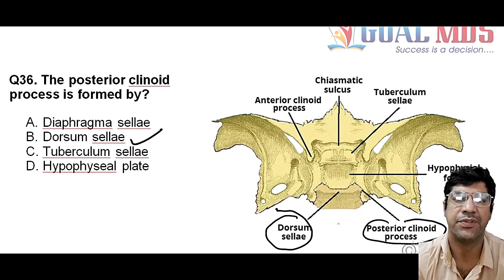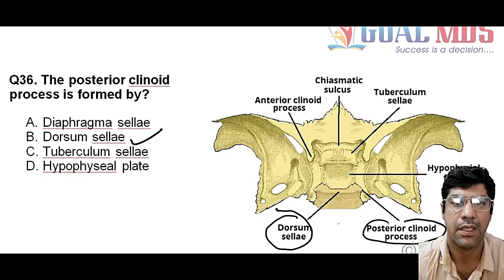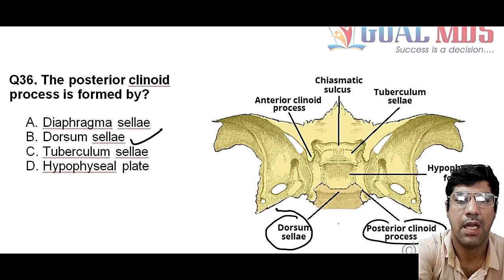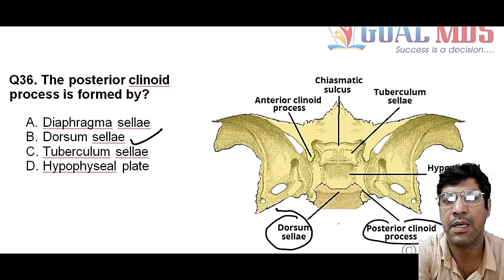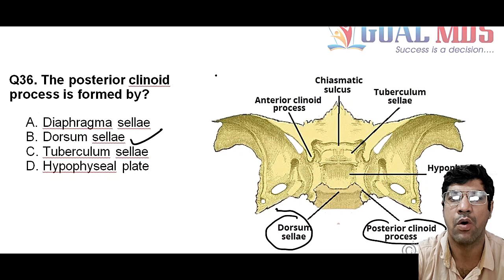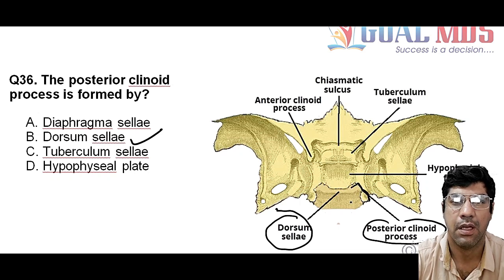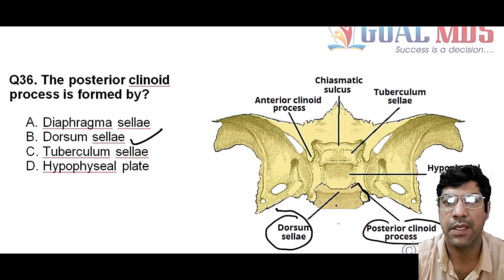So think of posterior clinoid process as a pair of little mountain peaks at the back of your head, like tiny horns. Now remember the dorsum sellae is a ridge or a hill that connects these mountain peaks like the top of a bridge.